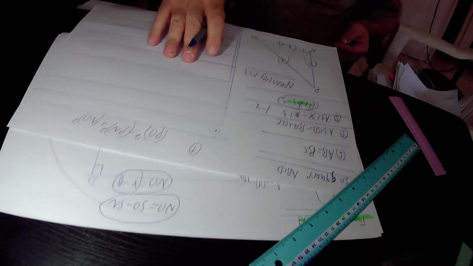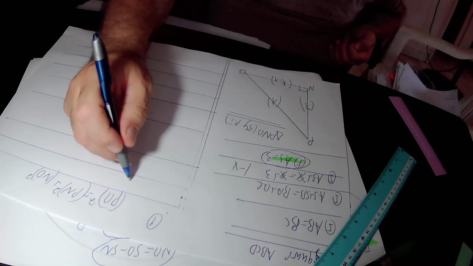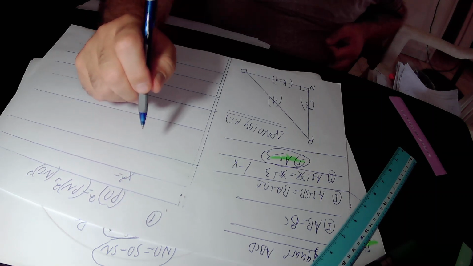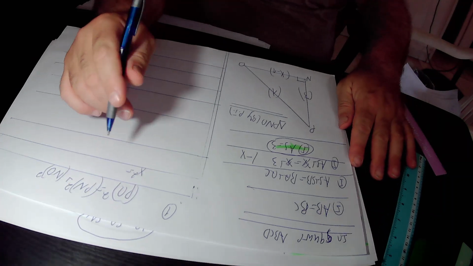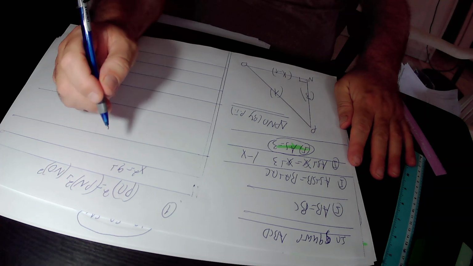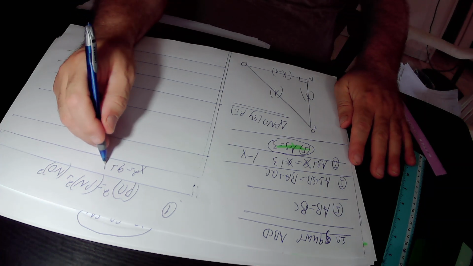The length of the hypotenuse PO is x, therefore PO squared is x squared. And it is equal to PN squared. PN is 3, therefore PN squared is 3 squared, that is 9, plus NO squared. NO is x minus 1, therefore NO squared is (x minus 1) squared.